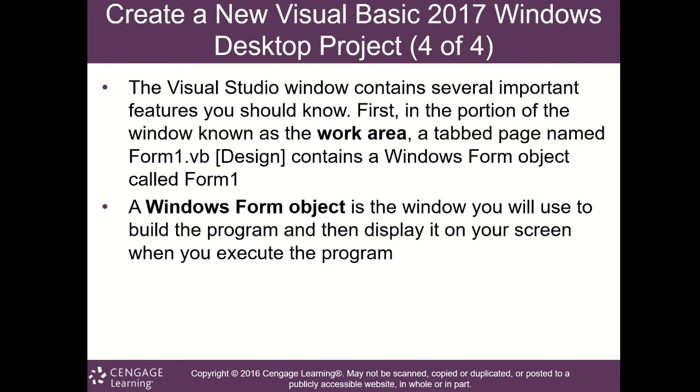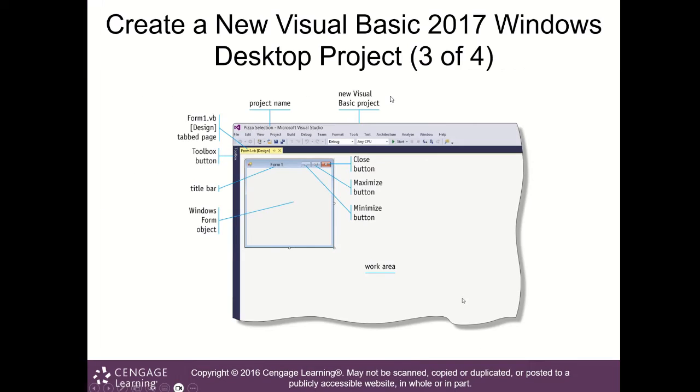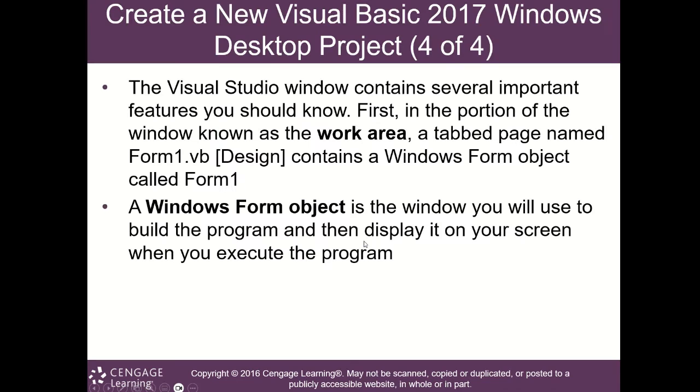The Visual Studio window will contain several important features that you need to know. First, the portion of the window known as the work area. So here, basically, this is the work area.